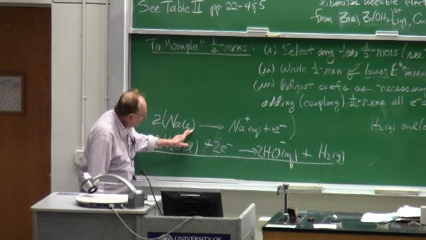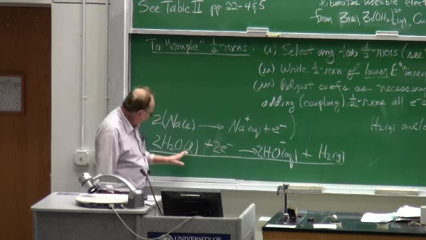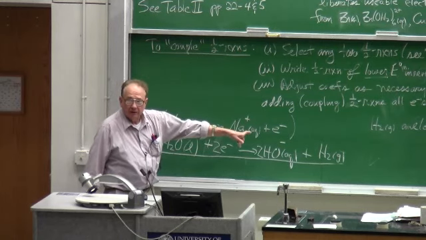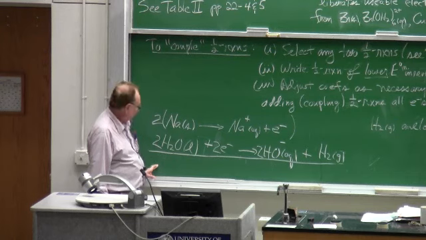Because when I multiply this statement by 2, it shows the liberation of 2 moles of electrons, and this, which requires the consumption of 2 moles of electrons, means when I now add these things as written, there will be no electrons in the net reaction.